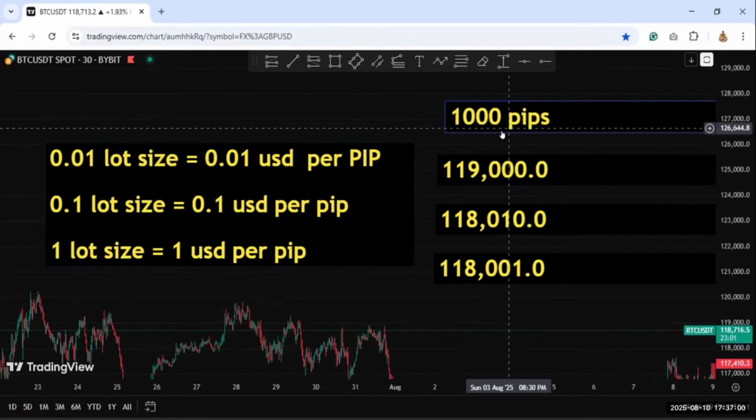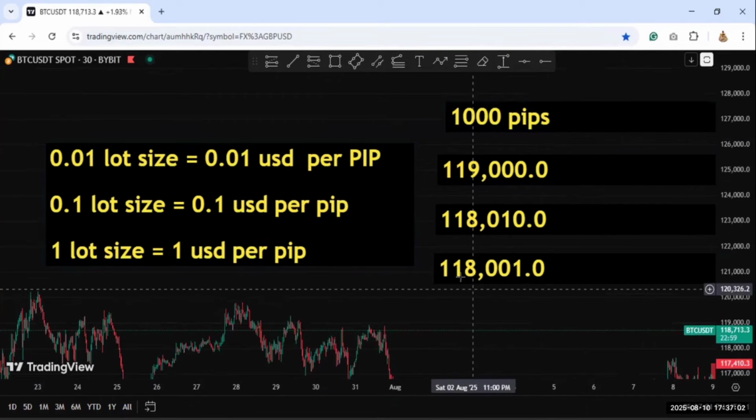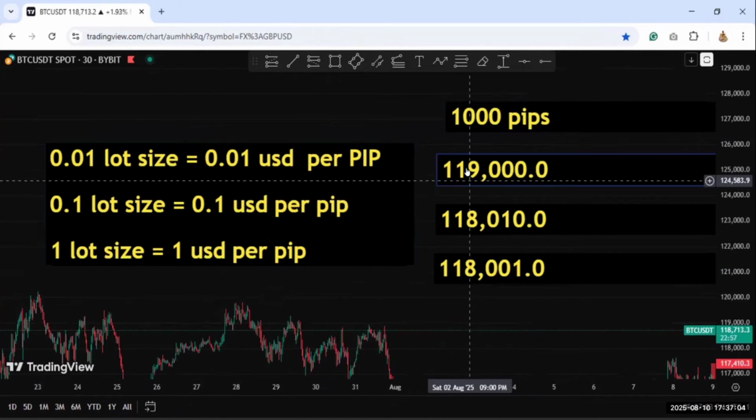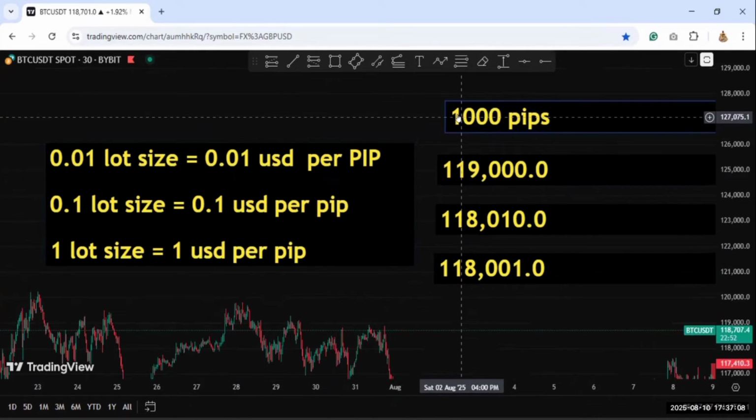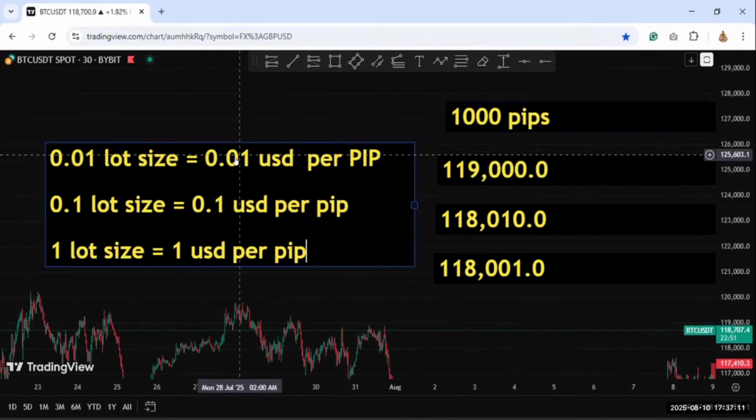So we have 1,000 pips movement from 118,000 to 119,000. So we multiply 1,000 pips by 0.01 and we will have $10.